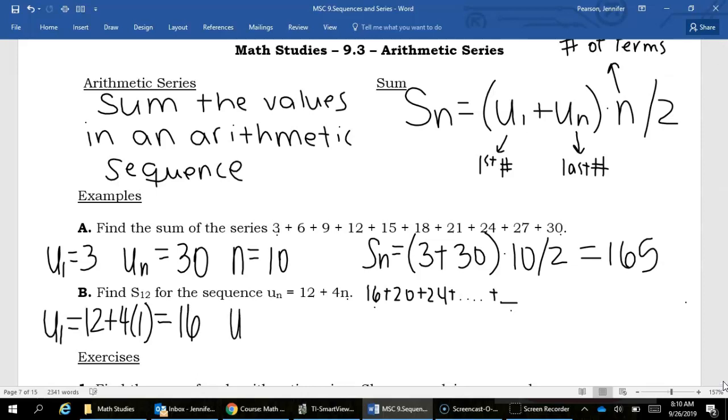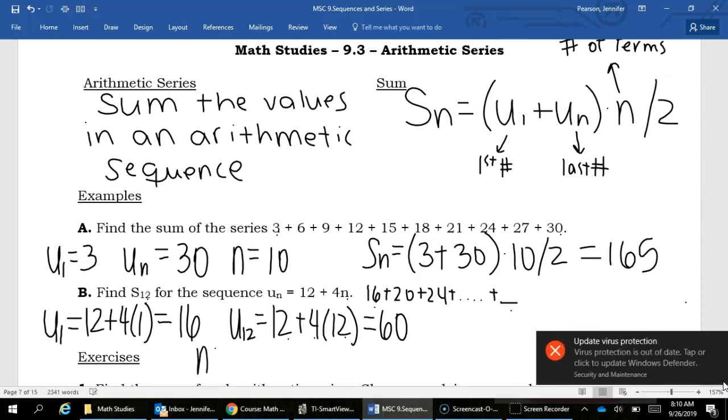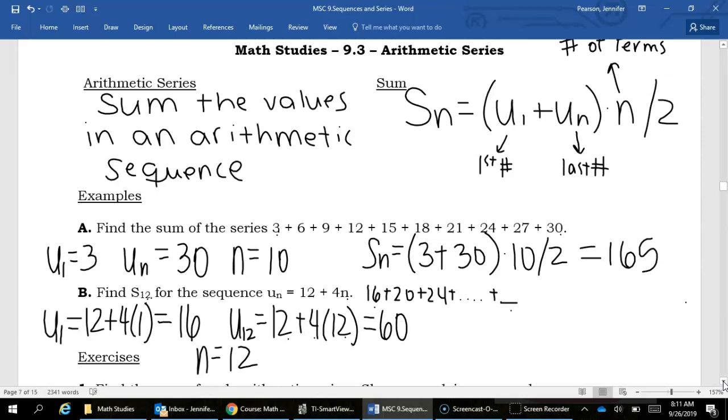For my last number, my 12th number, I have to put 12 into my explicit formula. 4 times 12 is 48. 48 plus 12 is 60. And then my n is going to be 12 because it's telling me that I'm trying to find the sum of 12 numbers. With all that, I can go into my formula.